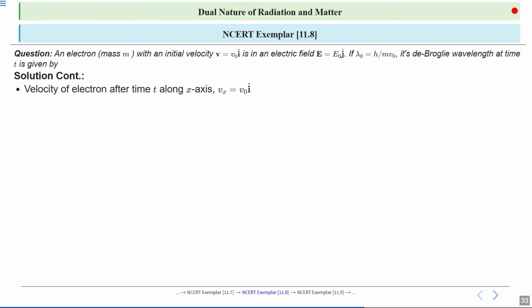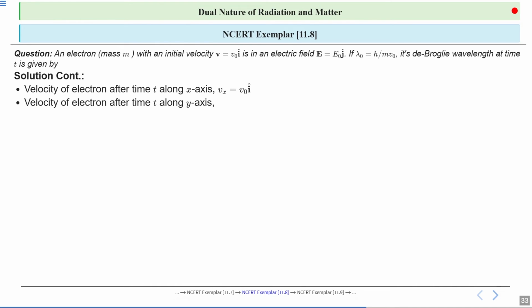So velocity will increase from 0 to some positive or negative value. First let's examine the electron's velocity along the x-axis after time t. Since the electric field is only along the y-axis and acceleration is acting along the y-axis, it doesn't affect the x component of the velocity. So velocity along x remains v naught i cap after time t also. This means the electron keeps moving at its original speed in the x direction.